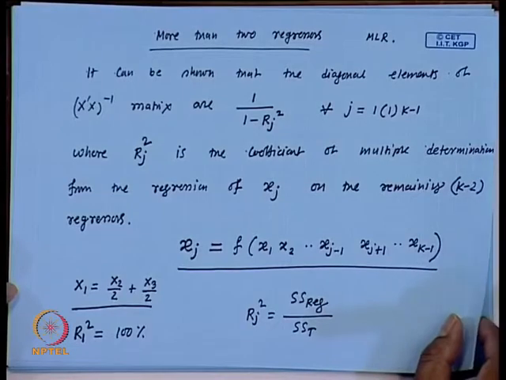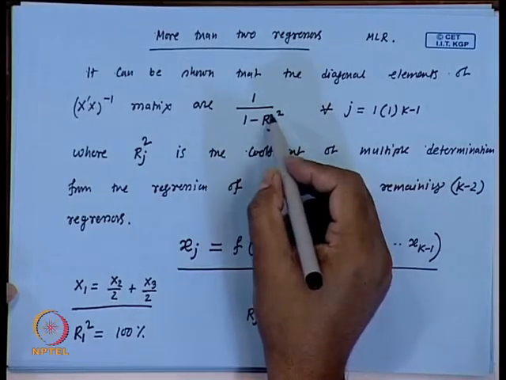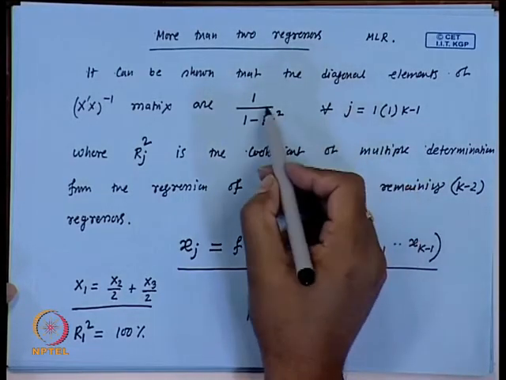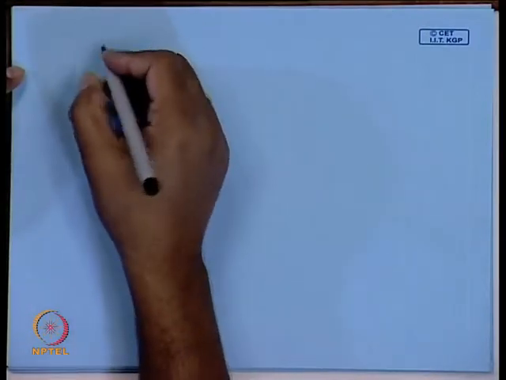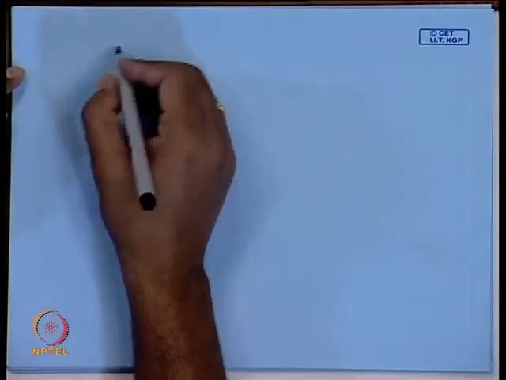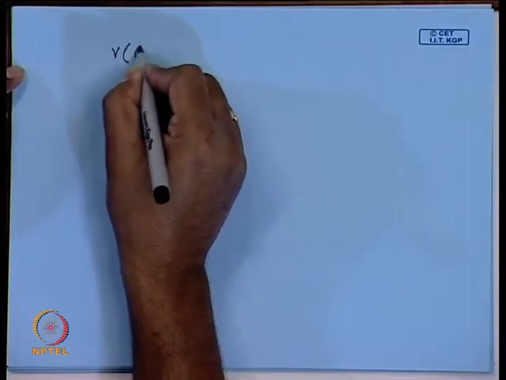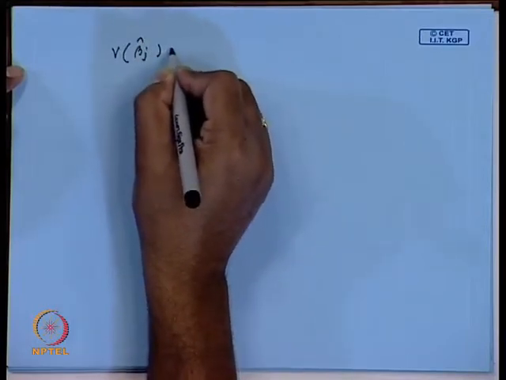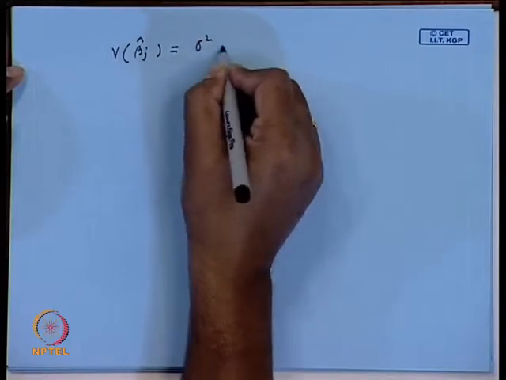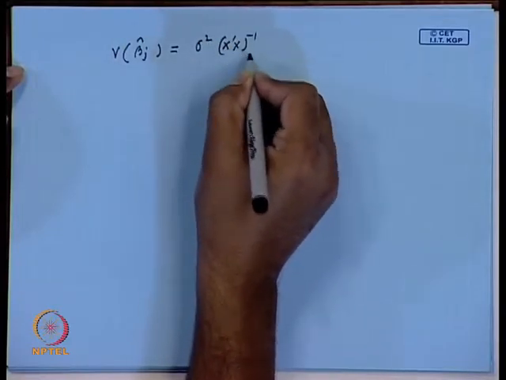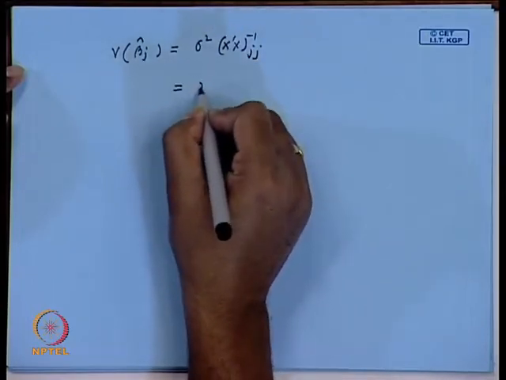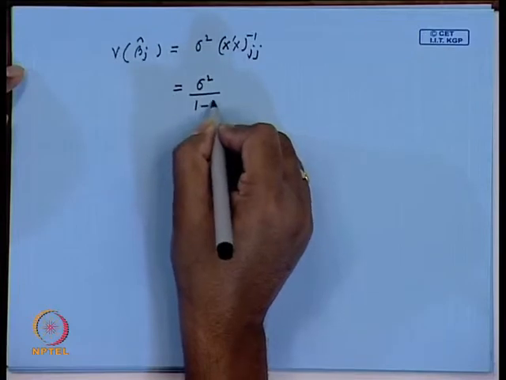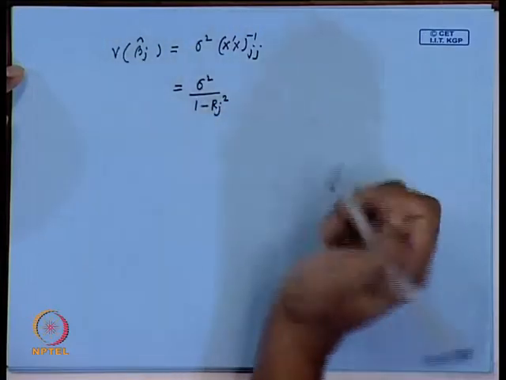Okay. So, since this is the diagonal element, now I can say that when you have more than two regressors in the multiple linear regression model, the variance of beta j hat is equal to sigma square times the jth diagonal element of X prime X inverse, which is sigma square by 1 minus Rj square.